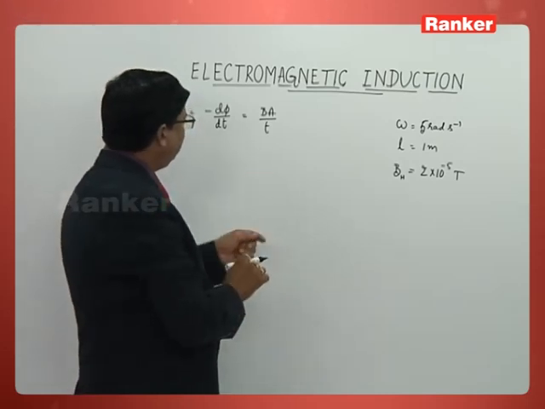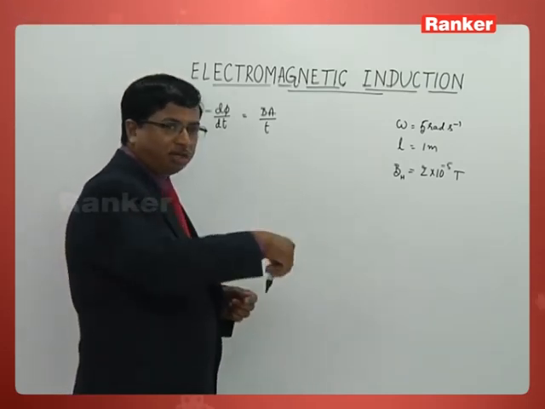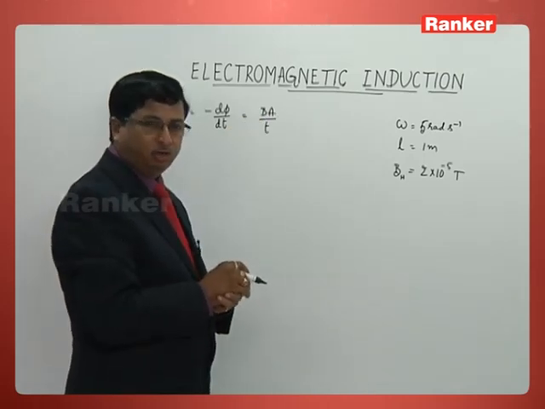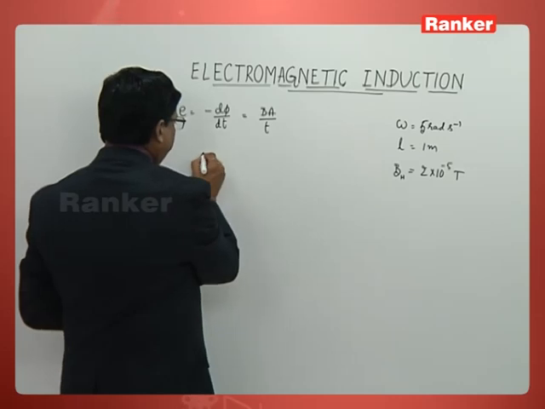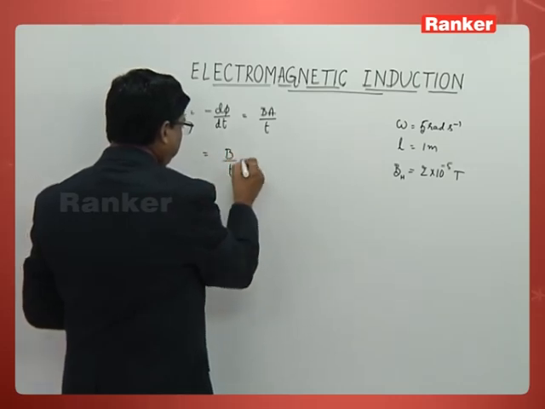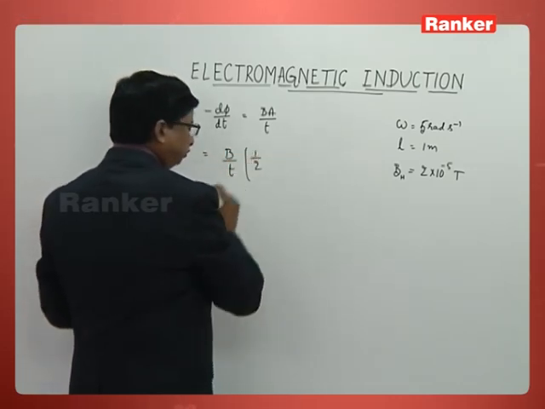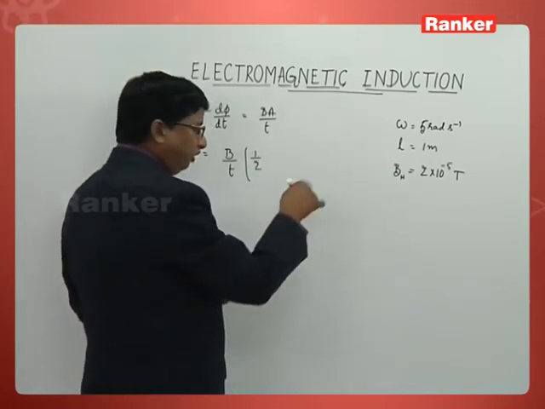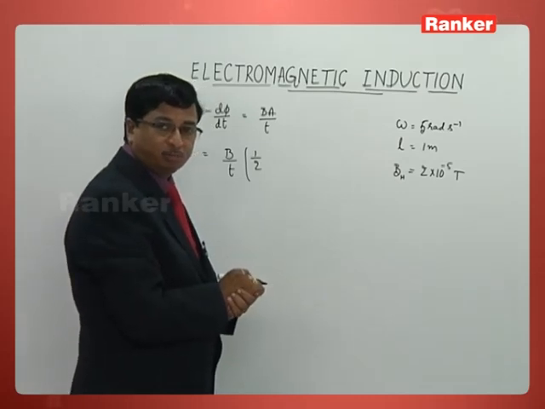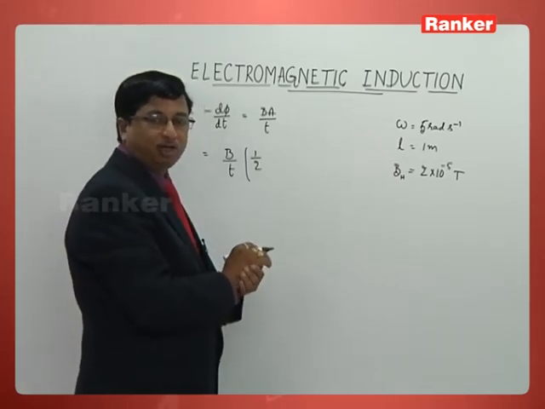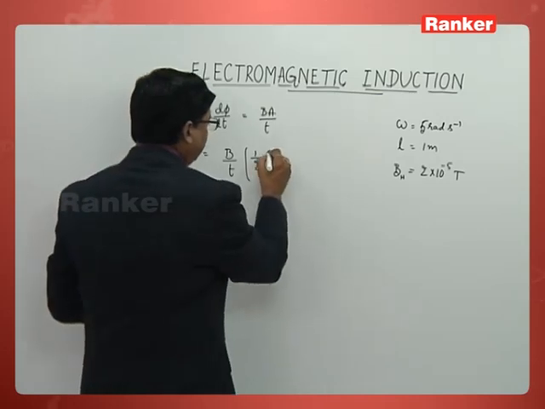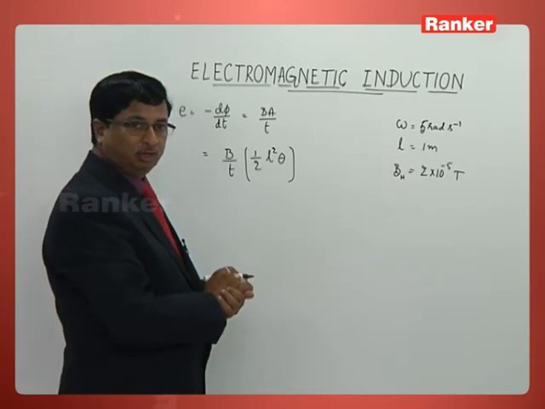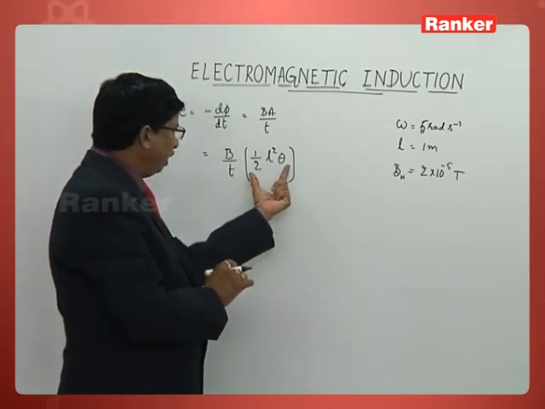But what will be the value of A when it is making vertical rotation? You can certainly understand that A is, half base into height, a sector. That of course you can understand as L square theta. So every one of you can understand this: one half L square theta.